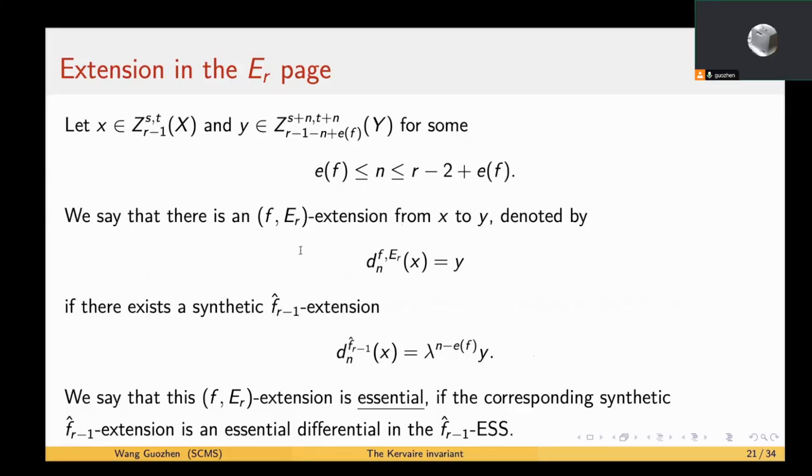So essentially, FER extension means a synthetic extension from x to a certain lambda power of y, which exactly what power depends on the weights of x and y. So we say that this FER extension is essential if the corresponding synthetic f hat_{r-1} extension is an essential differential in the f hat_{r-1} extension spectral sequence.